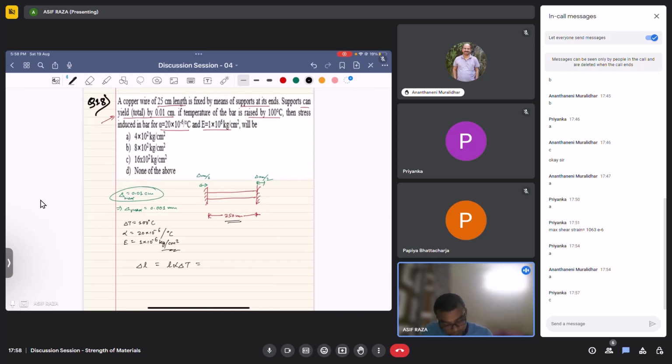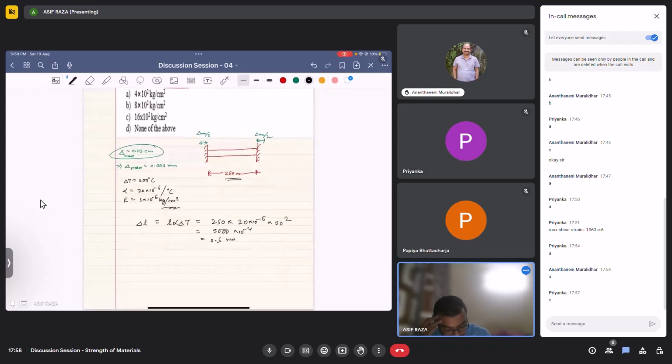That would be equal to 250 into alpha, 20 into 10 power minus 6, and delta T is 10 power 2, that is 0.5 mm.